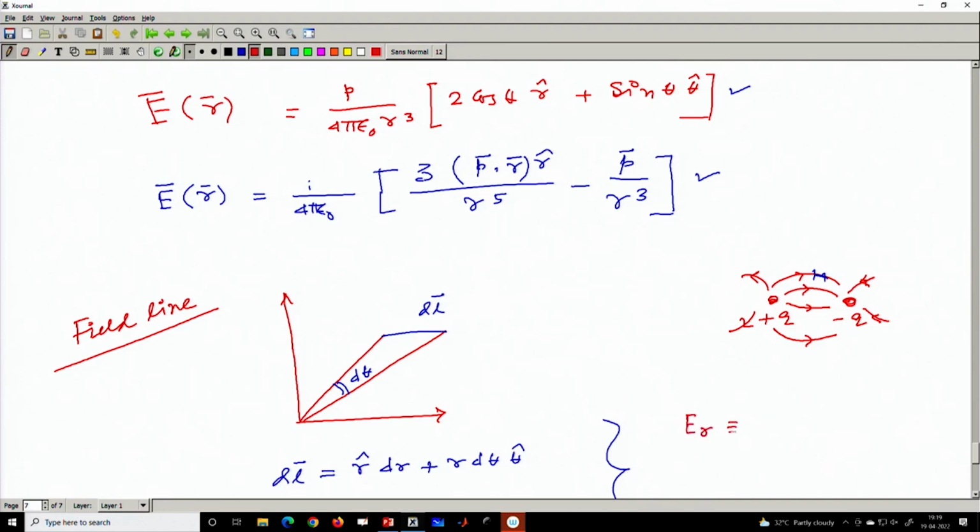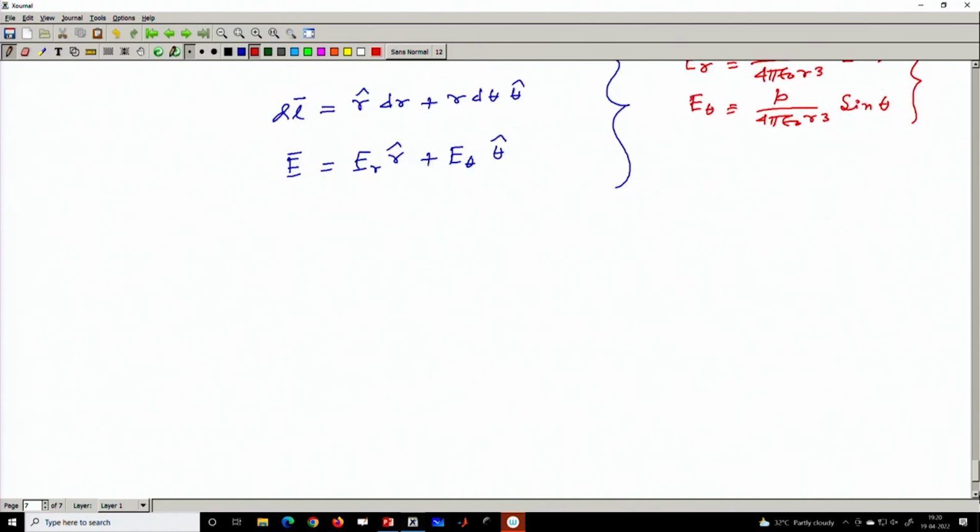Er is P divided by 4 pi epsilon 0 r cube, times 2 cos theta, and E theta is the same quantity, P divided by 4 pi epsilon 0 r cube, times sin theta. These are the two components of E.